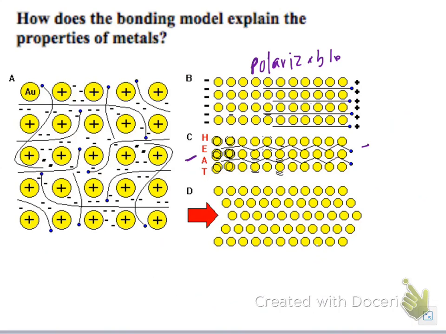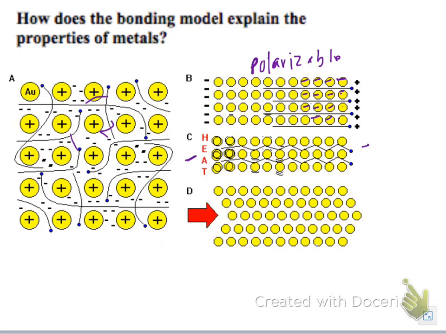So let's take a look at how the structure, this sea of electrons, leads to the properties that metals have. The first thing is electrical conductivity. If I have a sheet or a piece of wire, for the most part the valence electrons are going to be near their nuclei.